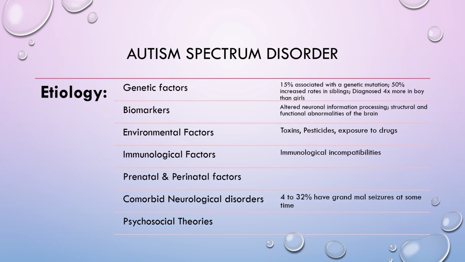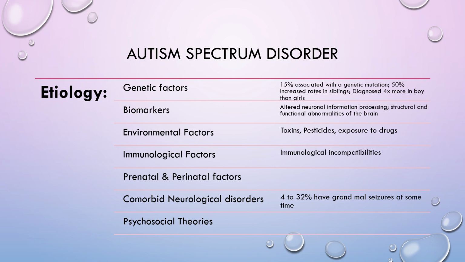There's structural and functional abnormalities of the brain. Maybe environmental factors, toxins, pesticides, exposure to drugs throughout pregnancy when mother was carrying baby, immunological factors, actual mother, her immunological incompatibilities and actually her antibodies fighting the fetus development.